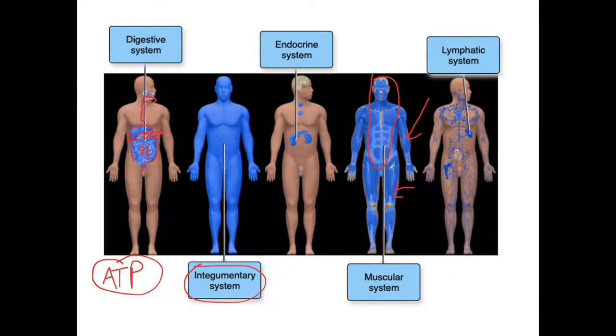And muscles attach to bones and they help move bones. And there's two other types of muscles besides the ones that we see here. There's cardiac muscle, which refers to the heart. So this cardiac muscle. And then there's smooth muscle. Smooth muscle surrounds our organs.